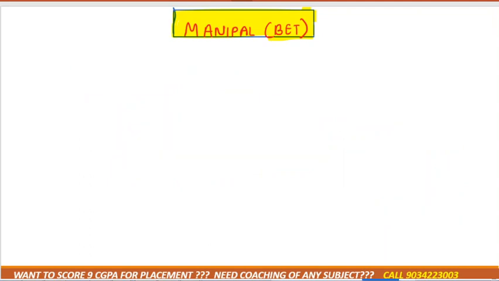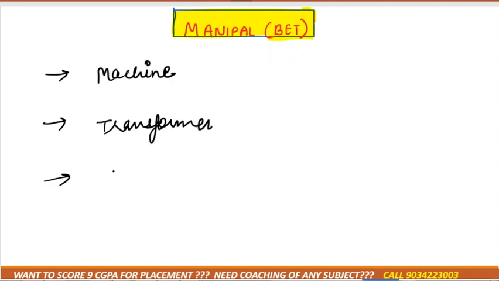So what we conclude in this last module, we'll have three simple topics. One topic is related to the machine, another topic is related to the transformer, and another topic is related to the energy meter, that is digital energy meter.